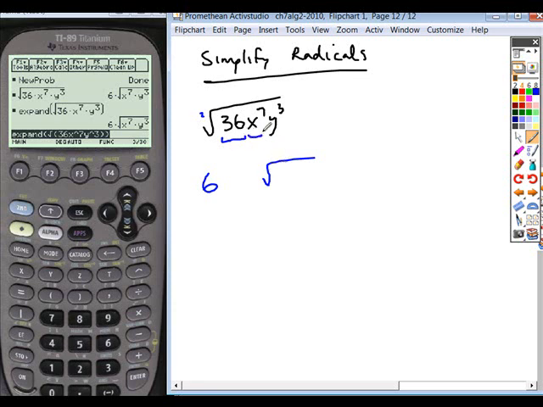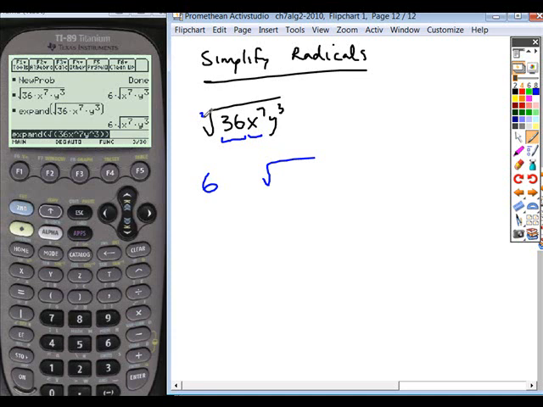Let's go to our next base of x. Okay. Since 7 is greater than 2, what you need to do in order to pull your x's out is you need to find how many groups of 2 go into 7. What's the closest? 3, right? Because the closest number that's less than 7, that's a multiple of 2, is 6.